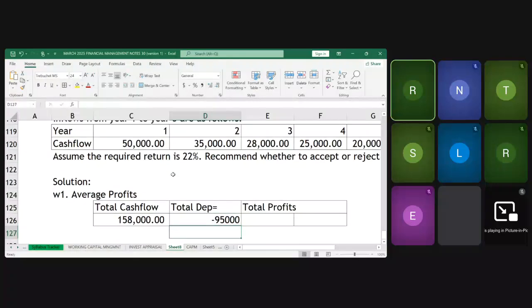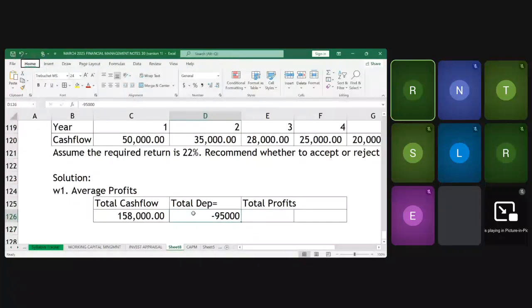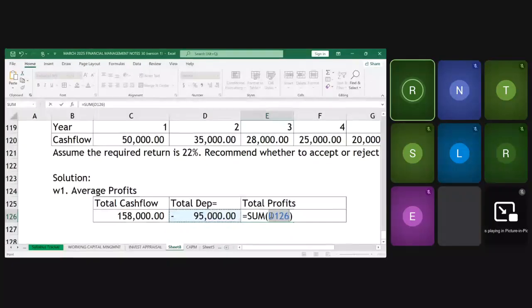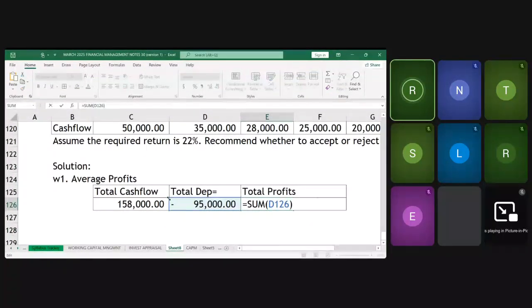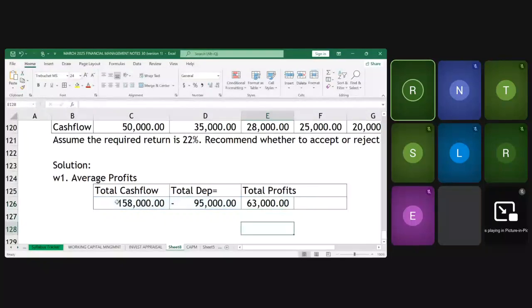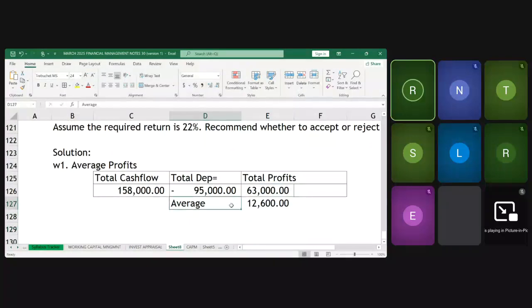And then for my total profits, I'm going to add the two. Total profits for 5 years, I'm going to have 63,000. But the 63,000 is for 5 years. Average profit is 63,000 divided by 5 years. That is my average profit here.